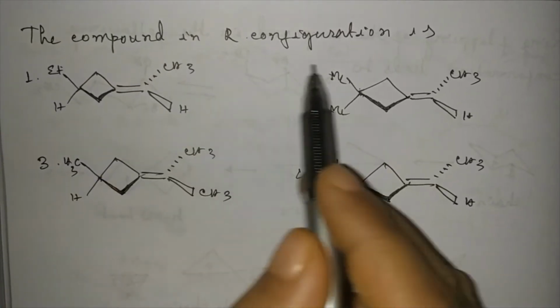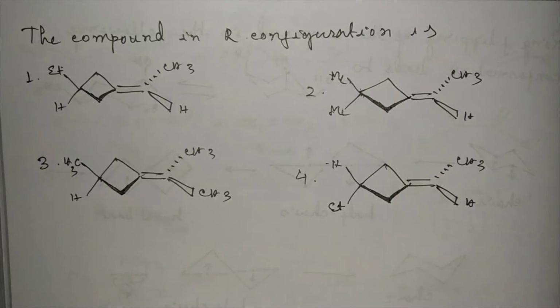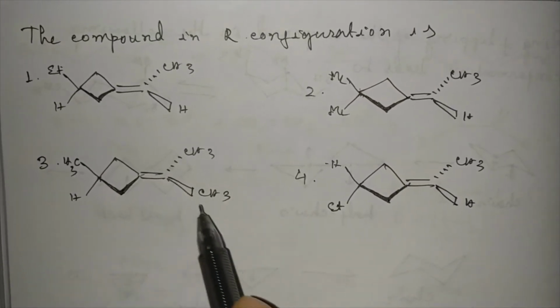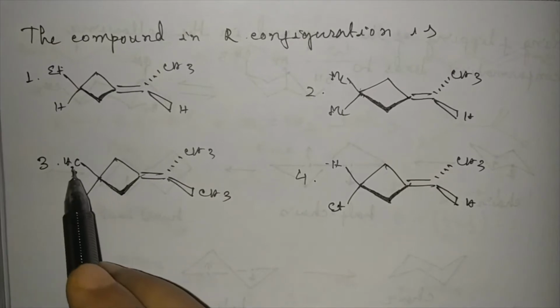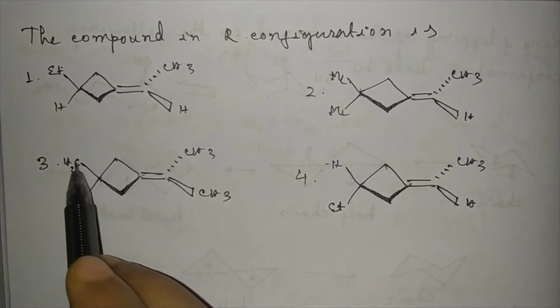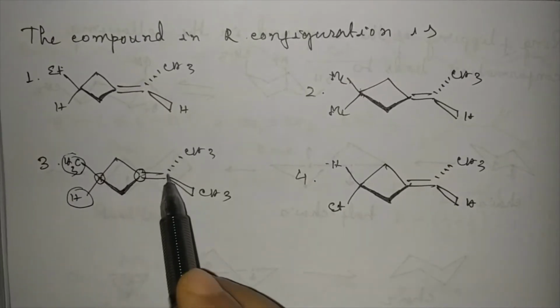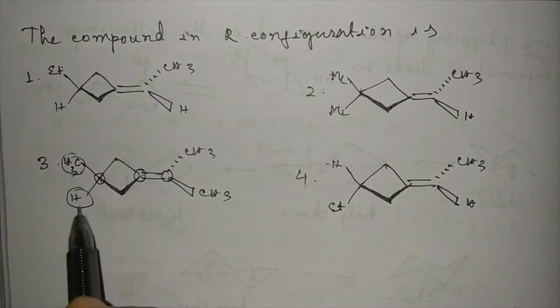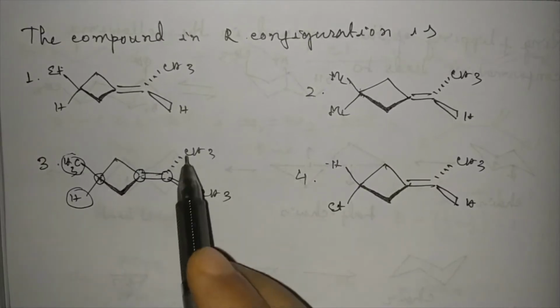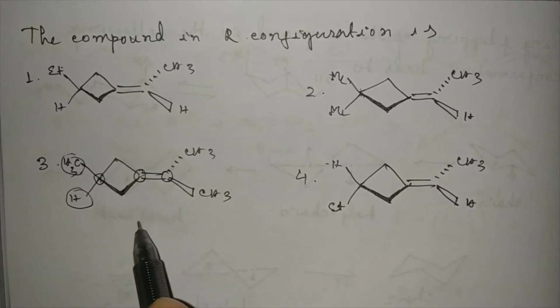Next question: the compound in R configuration is, so among these 4 compounds, which one has R configuration? As you can see here, in this compound a plane of symmetry will pass through the plane containing this CH3, H, this carbon and this carbon. So it will bisect this molecule into 2 equal halves, so this is optically inactive.